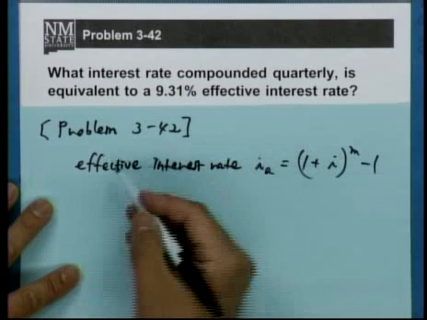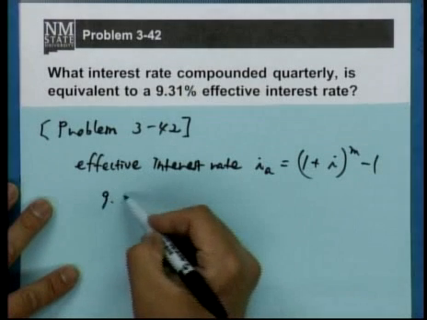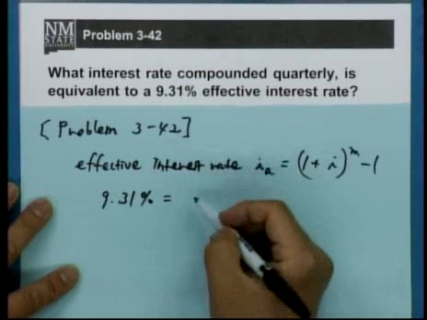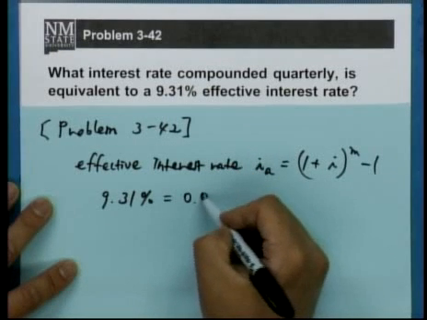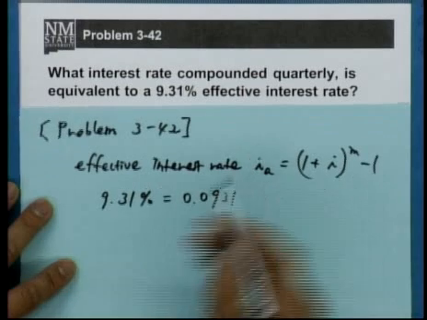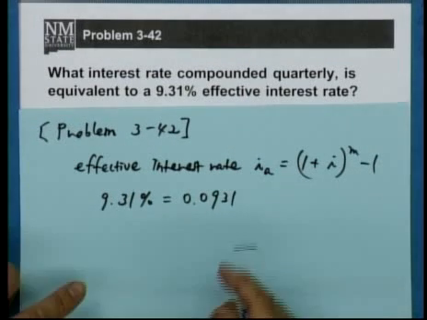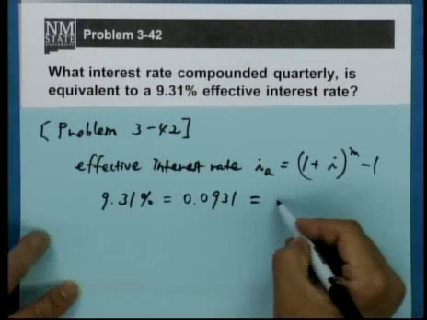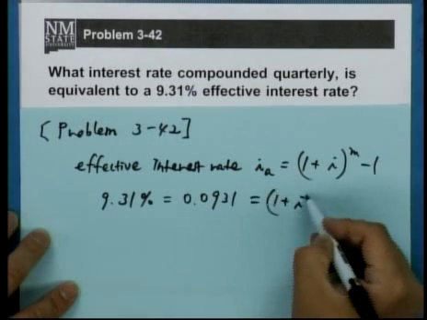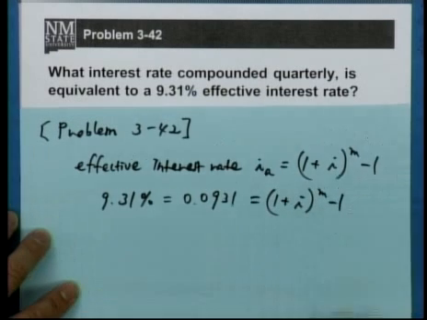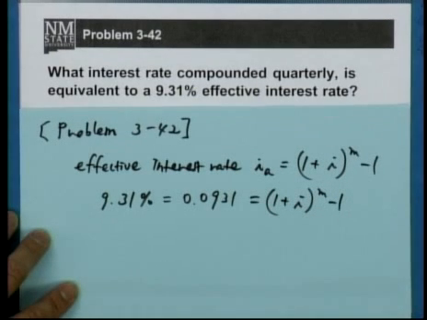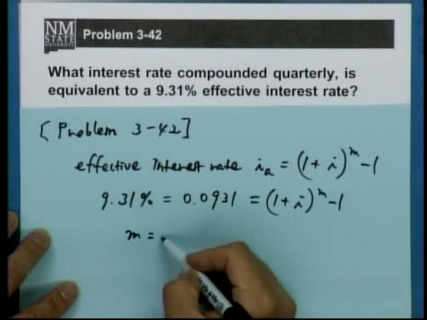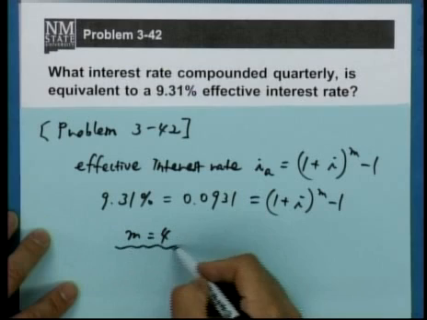So here we have 9.31%, which is the same as 0.0931 is the effective interest rate, right? Which is equal to (1 plus i) to the power m minus 1. And here we use m equals 4.